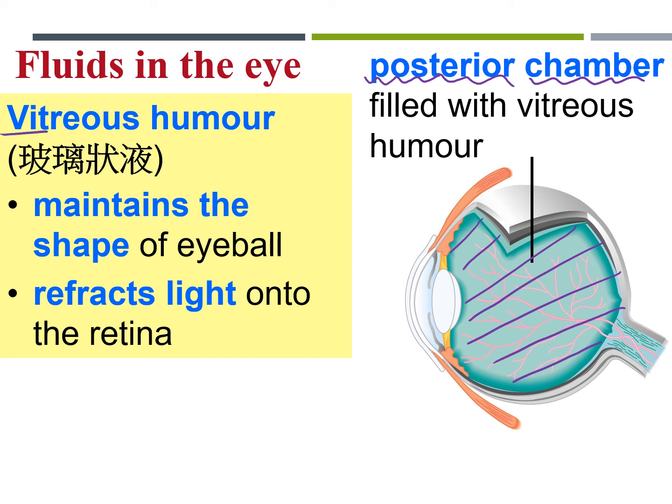This part consists of the vitreous humor. This vitreous humor also helps to maintain the shape of the eye, and it also helps to refract the light onto the retina. But unlike the aqueous humor, the vitreous humor is more like jelly, while the aqueous humor is more like liquid.